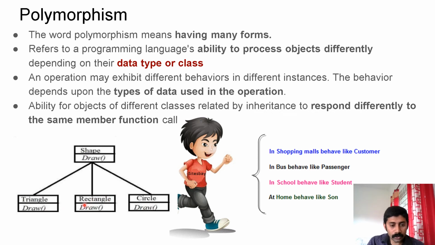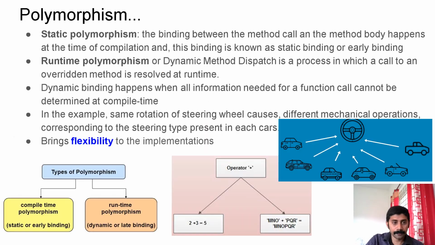When you invoke the draw method using the object of a rectangle, it will draw a rectangle. When you invoke the draw method using the object of a circle, it will draw a circle. That means the same function call is behaving differently depending upon the object type. So this is nothing but polymorphism.